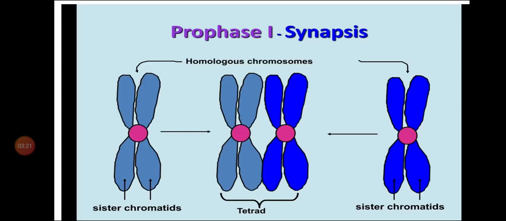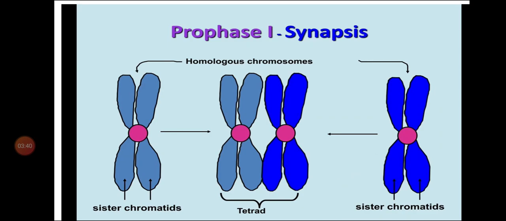See here, this is the synapsis. You can see here homologous chromosomes. These 2 chromatids are known as sister chromatids and these 4 together are known as a tetrad.